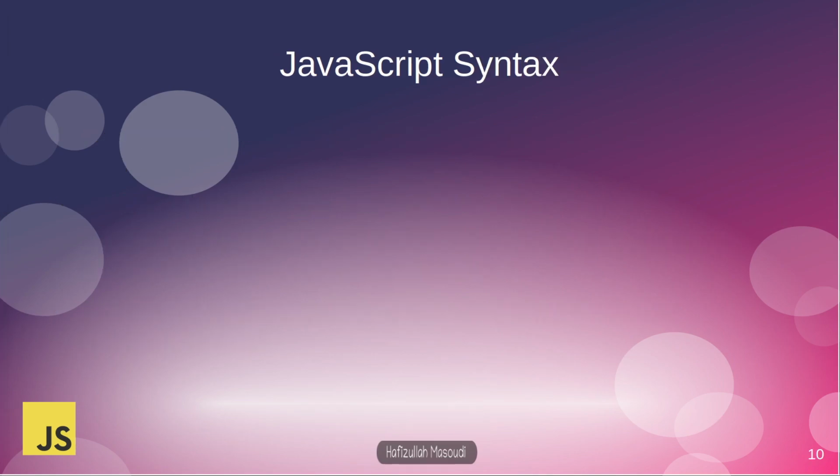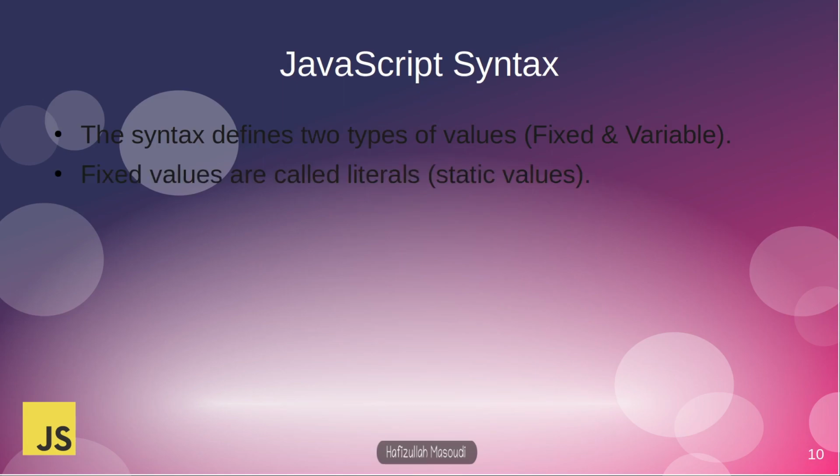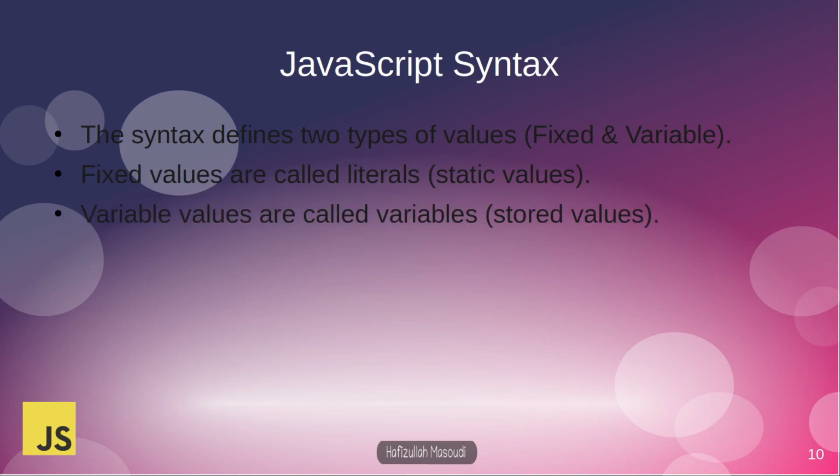So next up, what we have is JavaScript syntax. The syntax defines two types of values, fixed and variable. The fixed values are called literals or static values. Next up, we have variable values that are called variables and are stored values. And then we have JavaScript operators. The plus or minus or multiplication or division signs are called operators.